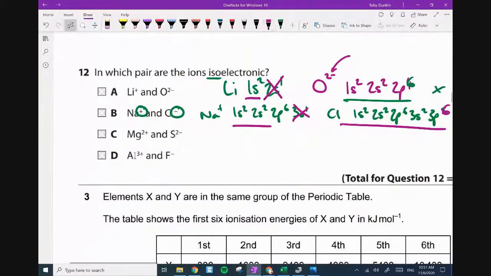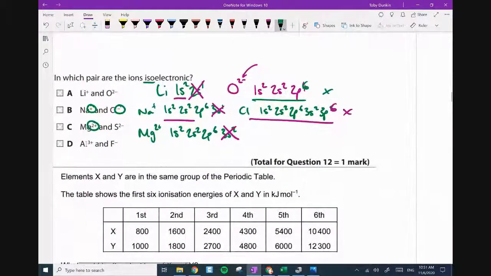Next, magnesium 2+. These get quicker, by the way, the more you do them. So Mg2+. Magnesium is element number 12. 1s2, 2s2, 2p6, 3s2 original, but it's an ion. Remove its electrons. Sulfide ion, S2-, element number 16. 1s2, 2s2, 2p6, 3s2, 3p6, no, hang on a sec.